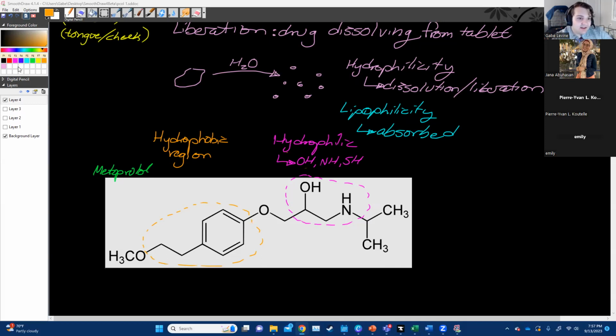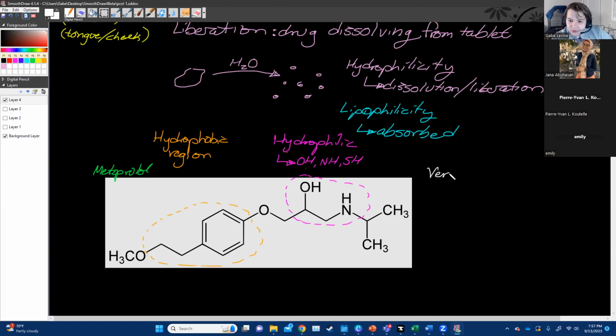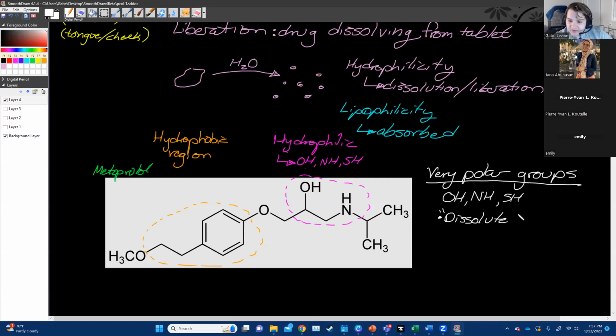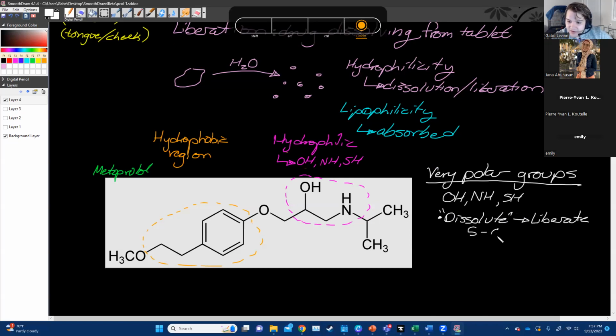So in other words, he says that very polar groups, which are our OH, NH, and technically our SH, although we don't have a lot of drugs that have SH bonds, these all dissolute, which is just a fun way of saying liberate, 5 to 6 carbons.